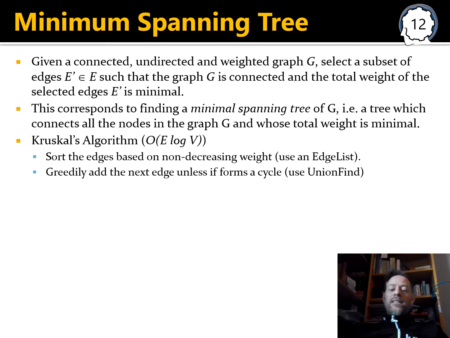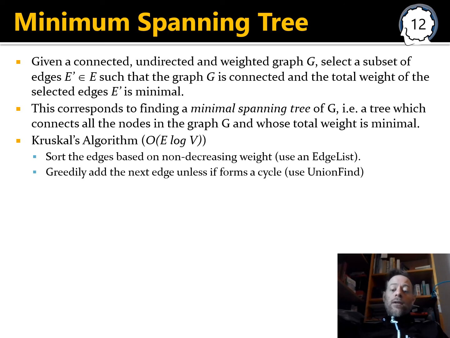If this edge connects two previously unconnected components, then we keep it. If adding this edge creates a cycle, then it doesn't add any information because those two nodes are already connected, so there's no point in adding this edge.